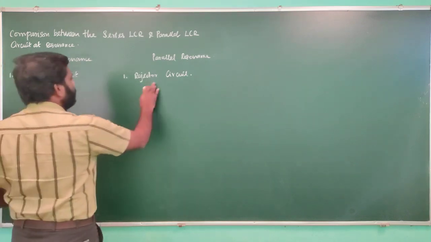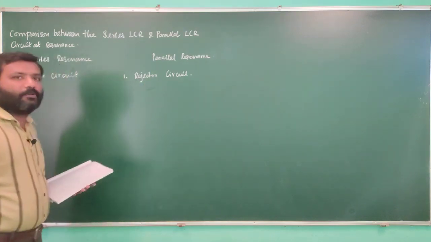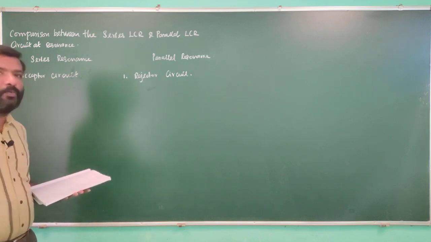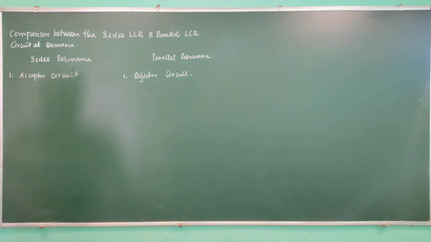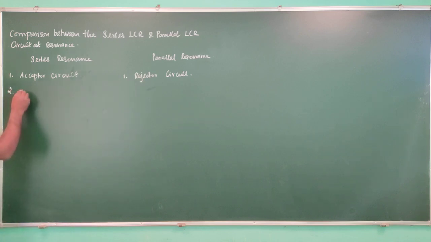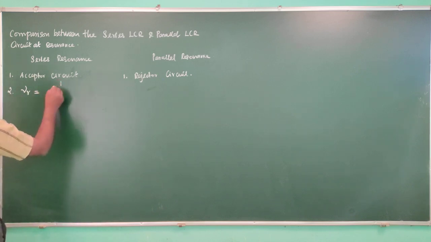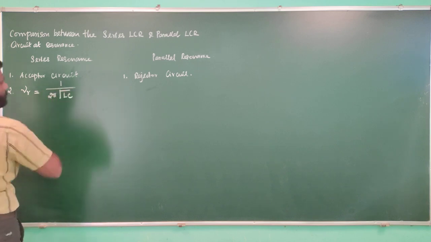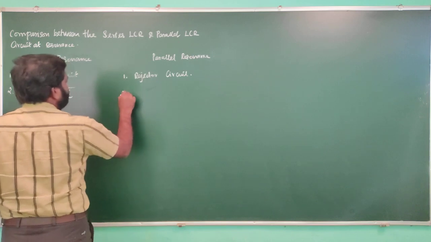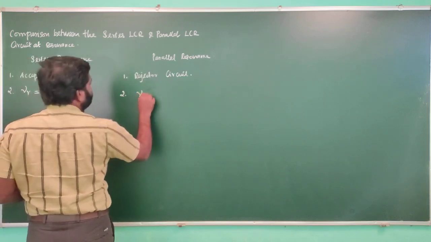Here the frequency that we are targeting, which you can say is unwanted, is rejected out. And in both cases the equation for the resonance frequency is the same, that is 1 by 2 pi square root of LC.